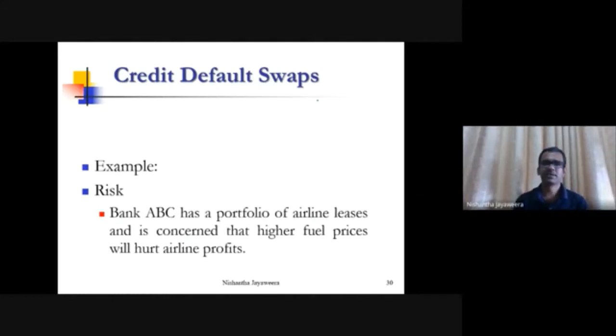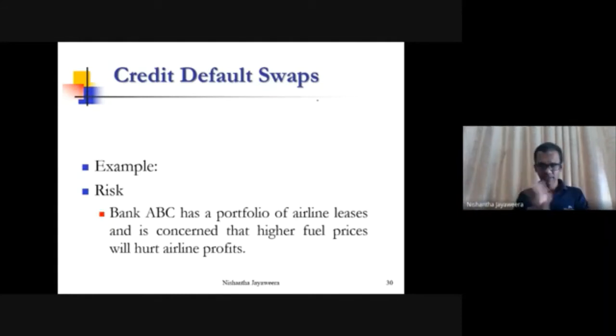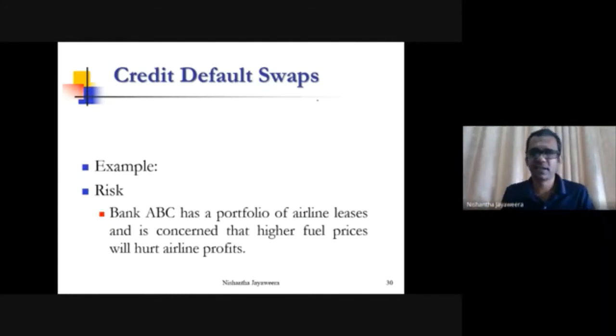So there's an example. This is an airline lease and the bank is concerned that higher fuel prices will hurt airline profits. So the bank has given loans to airlines. There are airline leases, but the bank is concerned that if fuel prices increase, airline profits will decrease and they may not be able to pay their dues.